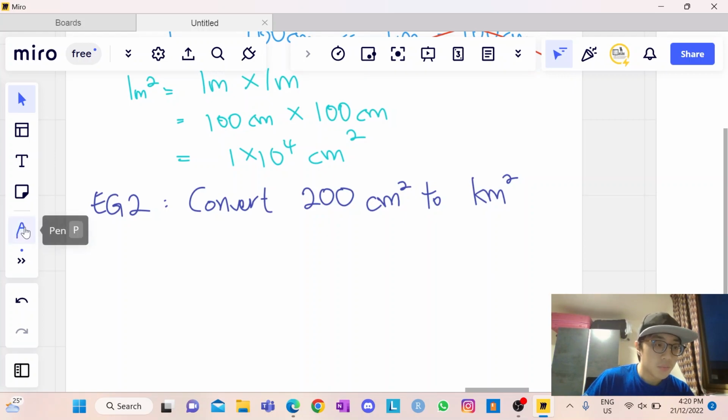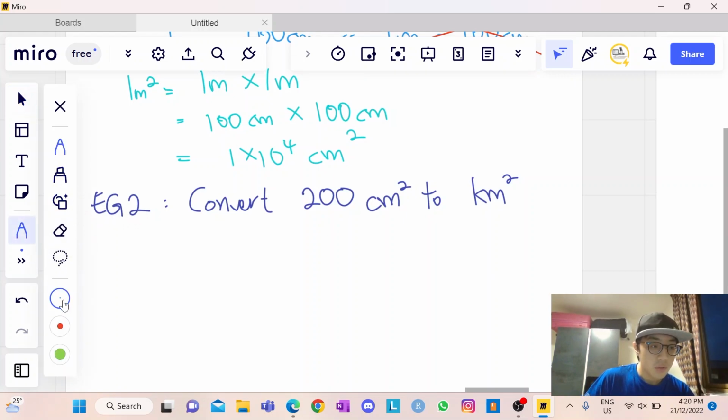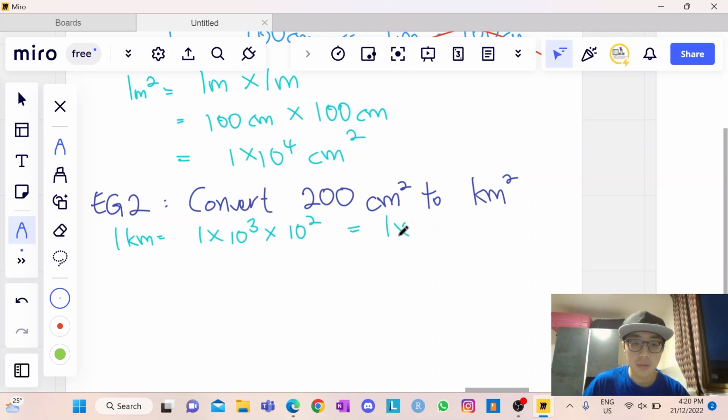From here, we know that 1 km is equal to 1 times 10 to the power of 3 meters, and meter goes to centimeters is another 10 to the power of 2. So this will be equal to 1 times 10 to the power of 5 cm.